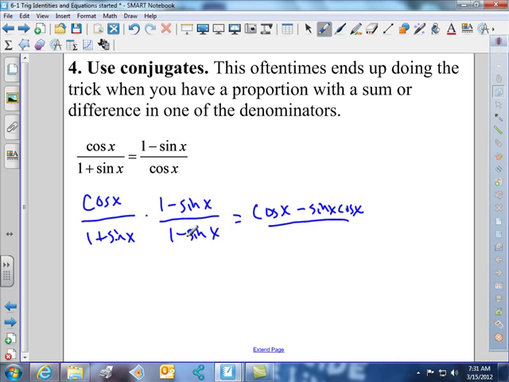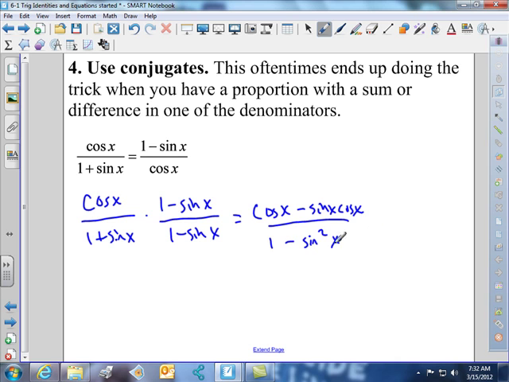This will be over, and what we have to do is FOIL that out. 1 times 1 is 1. 1 times negative sine is negative sine. Positive sine times 1 is positive sine. So you've got a negative sine and a positive sine, and those cancel out, which is exactly why we multiply by its conjugate. Then we have sine times negative sine, which is negative sine squared.